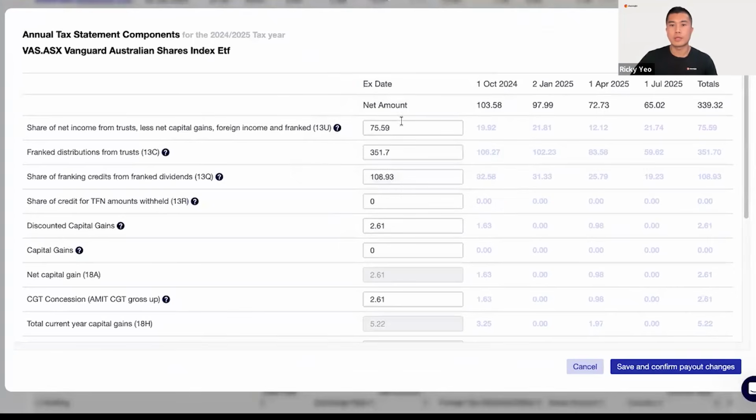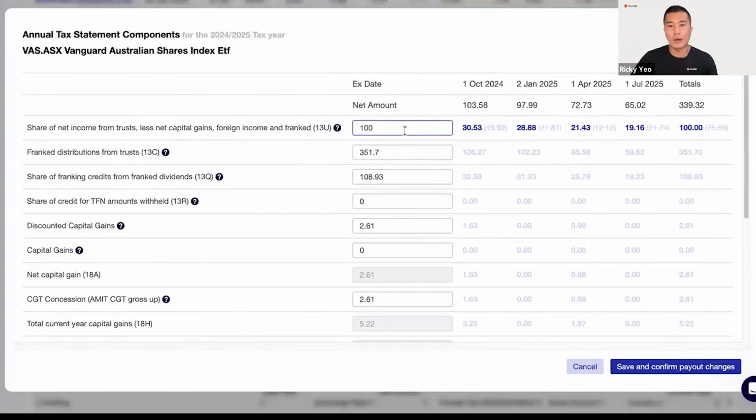Let's say I enter 100. What Sharesight does is, it will look at the $100 you entered for this VAS, for example, and break it into 4 portions, because you receive 4 distributions throughout the financial year.